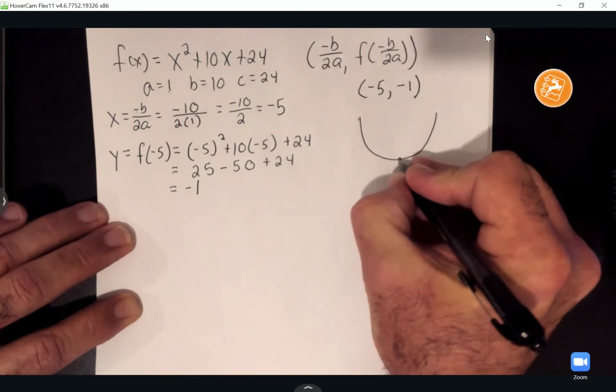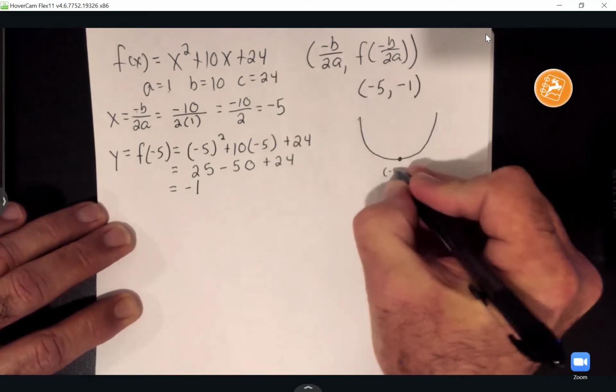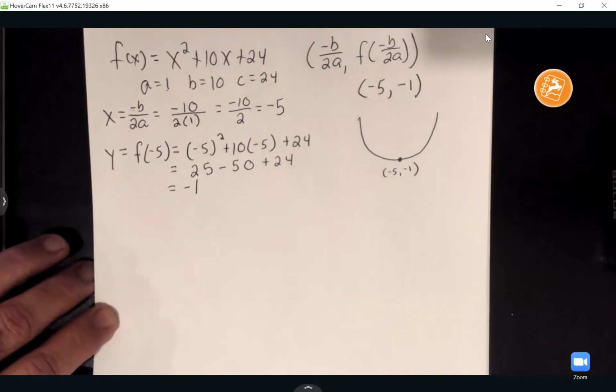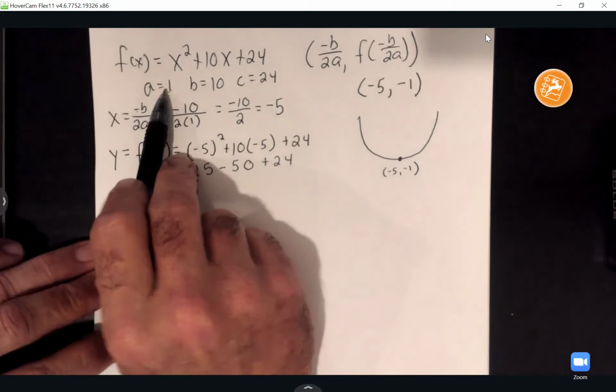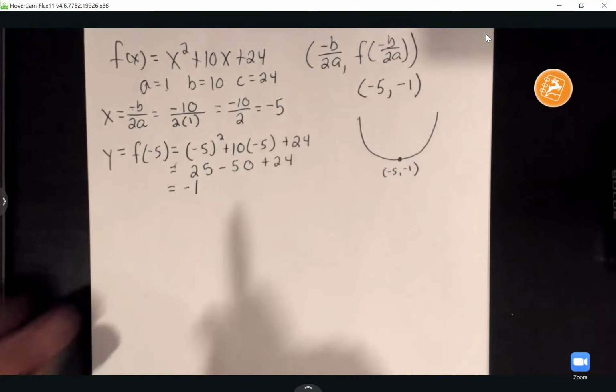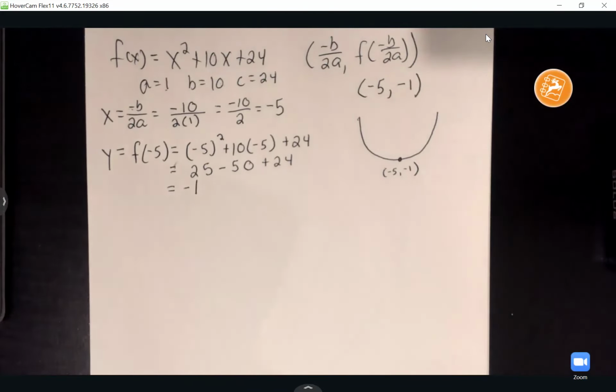And I know this little vertex here is at that negative 5, negative 1. If a was negative, it would flip it over and give me a maximum, okay?